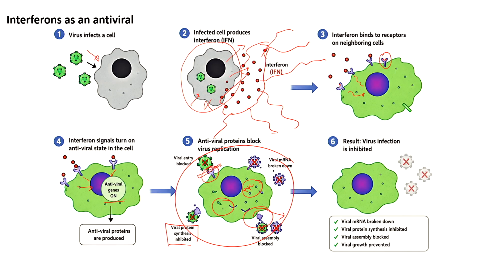But the interferons which are secreted into the nearby environment can go and sensitize the neighboring cells by binding to the receptor, and this receptor binding of the interferon can start the signaling cascade which can turn on the genes responsible for producing a lot of proteins, which we'll see in a while. Those are called interferon-stimulated genes, ISGs, because the genes which are turned on were sensitized by the interferon.